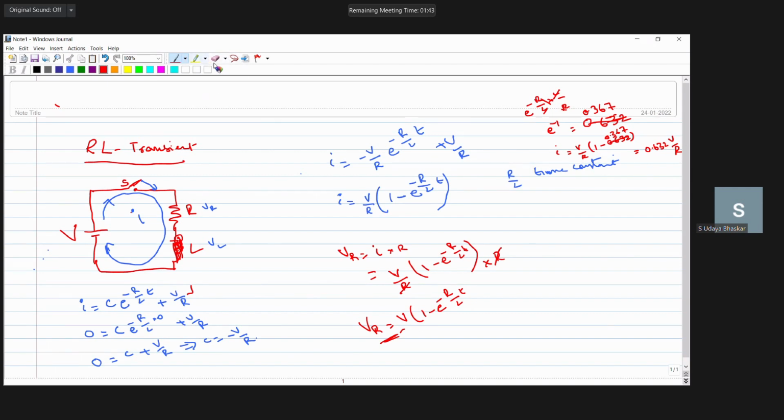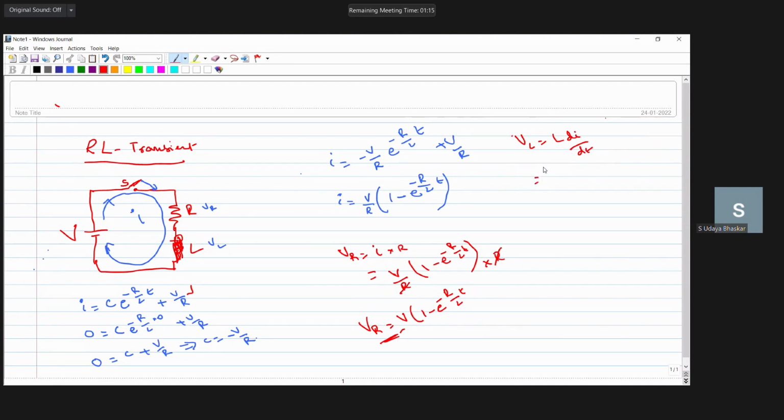Now we will see the voltage across inductance. VL is equal to L di by dt.